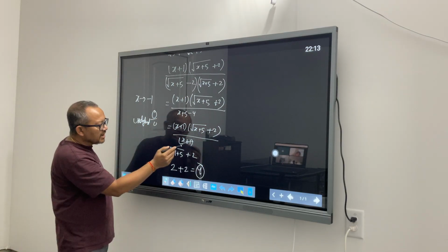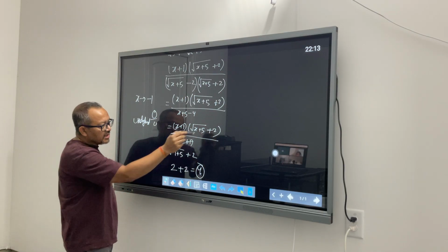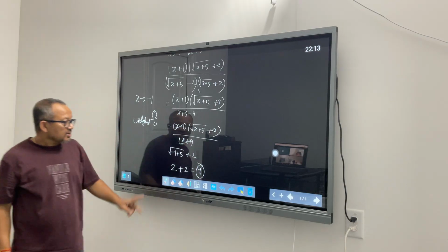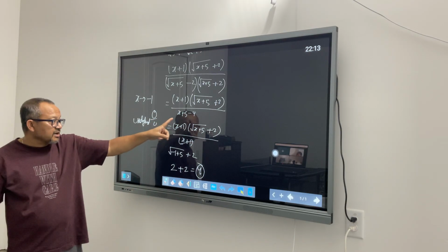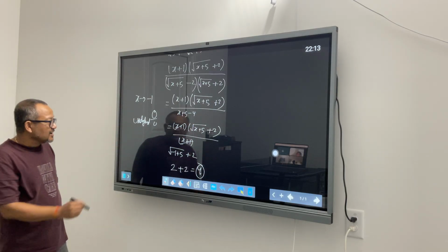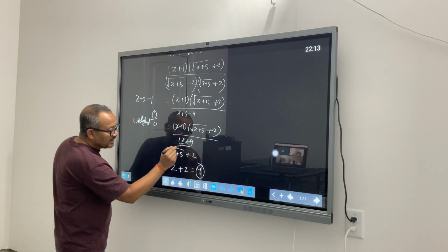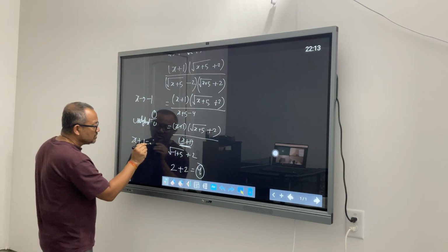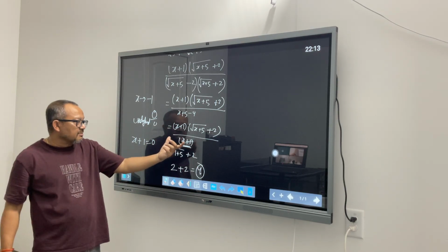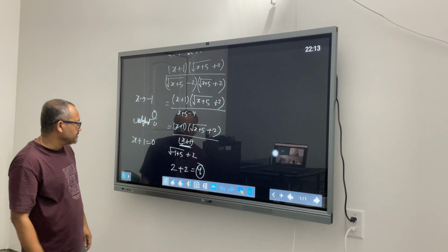But after doing all this calculation, this became x plus 1 times this, divided by x plus 1. So when you look at this, there is one thing common in numerator and denominator. That clearly tells us that under these circumstances, when x plus 1 is equal to 0, we will have 0 in the denominator and that makes the function undefined.